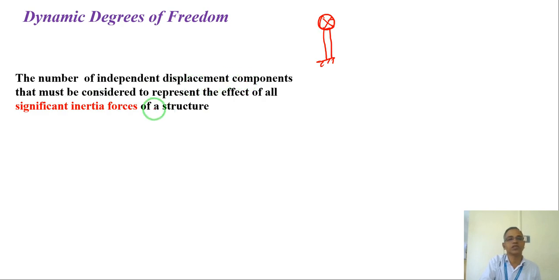It says here the significant inertia forces, and the number of independent displacement components to be considered. Suppose this is my wind direction, so the vibration is going to be only in this direction, so only in this direction will my inertia force act. So how many such directions there are is the degrees of freedom. If I am interested in only one direction, my degrees of freedom is 1.